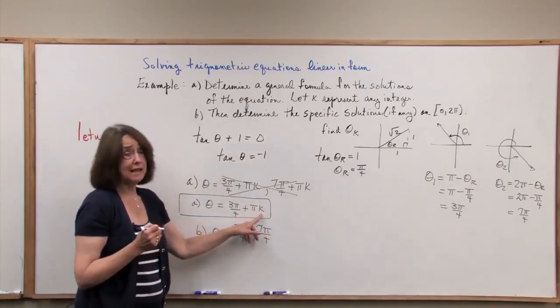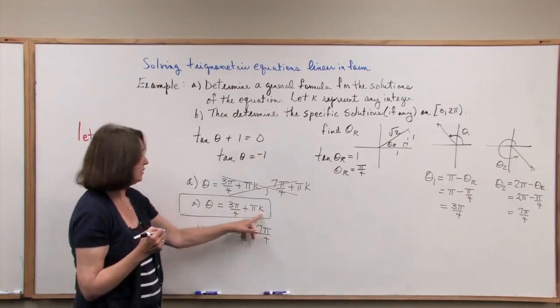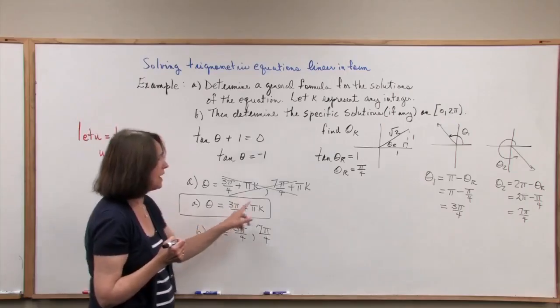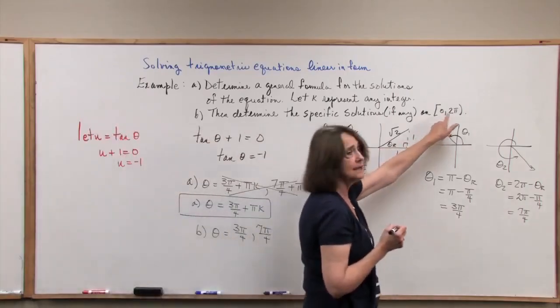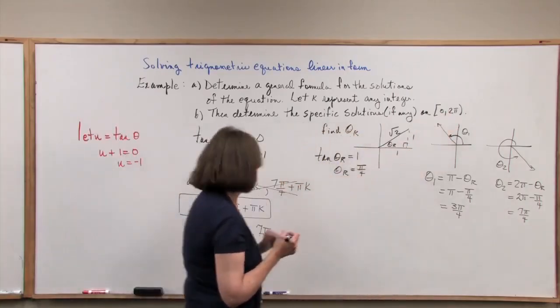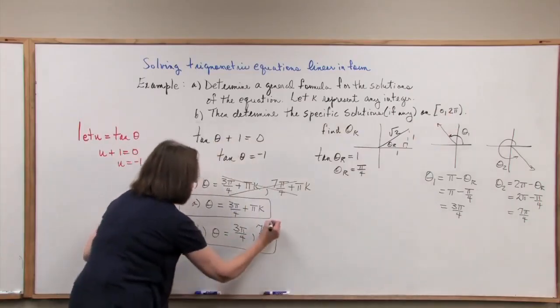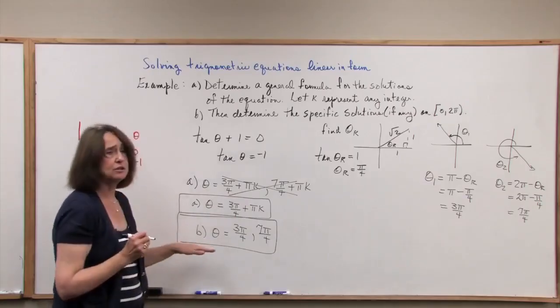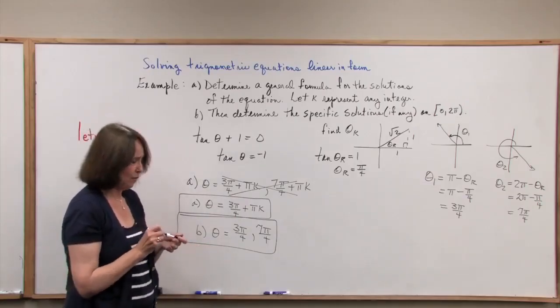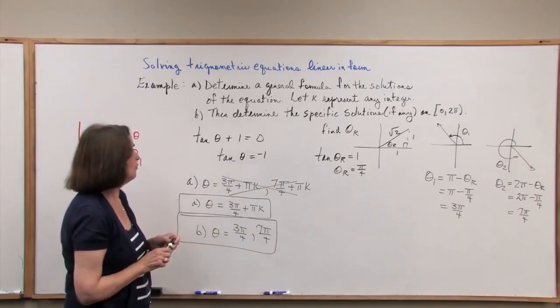But can we let k be 2? I don't think so. 2 pi plus 3 pi over 4 is outside of our interval. We have 2 solutions, 3 pi over 4, 7 pi over 4.